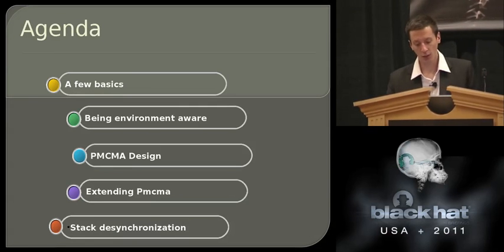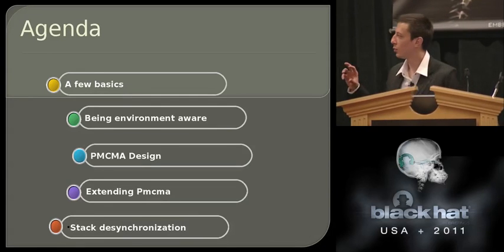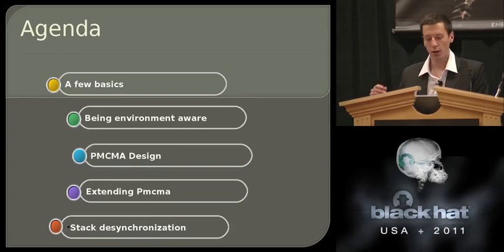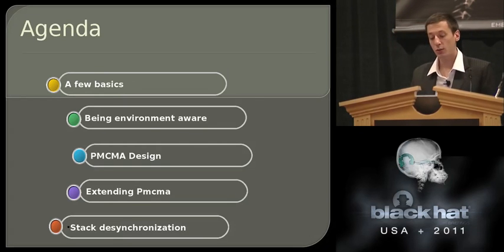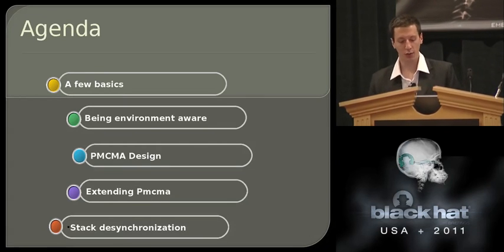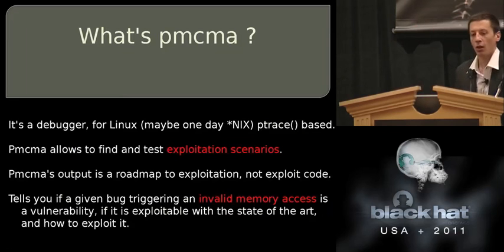Finally, we'll see what I believe is a new technique for a specific type of vulnerability, invalid memory writes, and how to desynchronize the stack to achieve proper code execution. So far, so good? Okay.